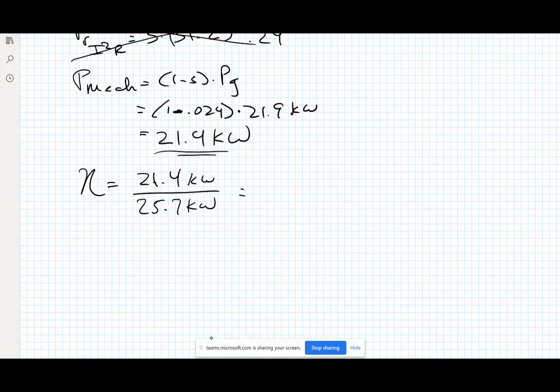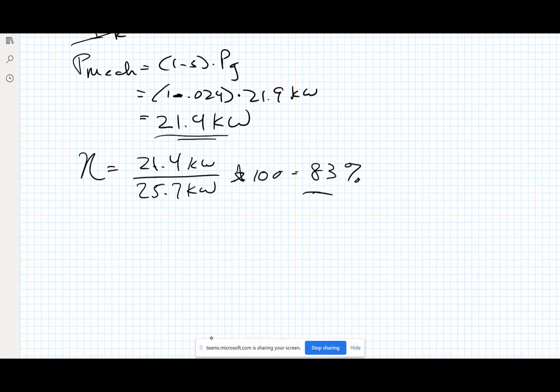So 21.4 divided by 25.7 is 83%. That seems a little bit low. So I'm going to redo it, so stay tuned.